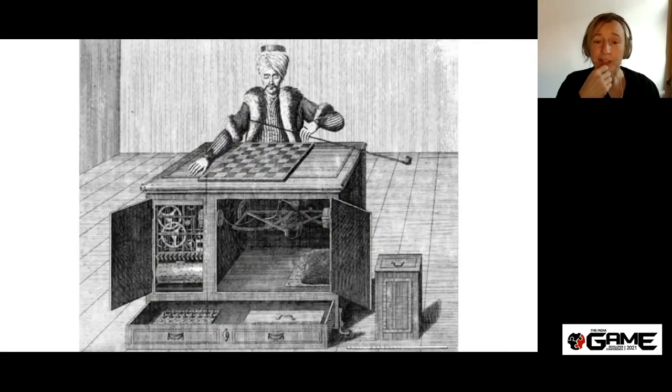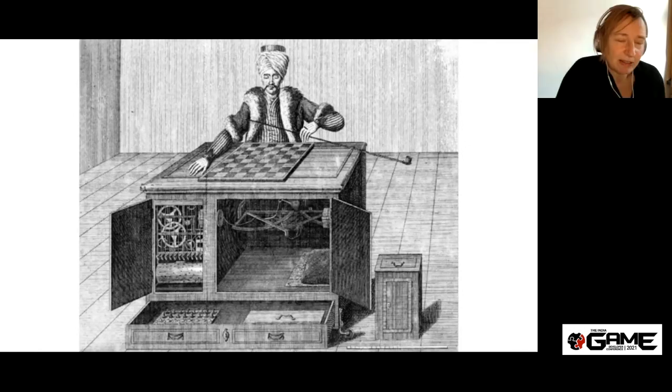The mechanical Turk is also an ideal way of prototyping, because this was actually made in the 18th century or maybe even earlier. They said they made a robot that could play chess very well.